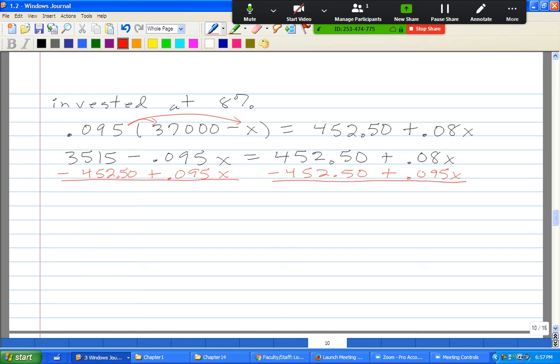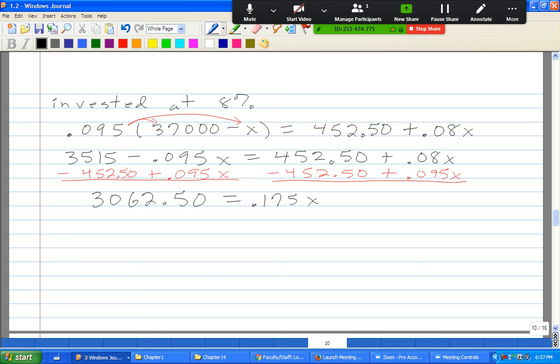Okay, and so if I do that, the 0.095x's cancel, and so I get $3,062.50 is equal to, well, the $452.50 cancel. So if you add these together, you get 0.175x.